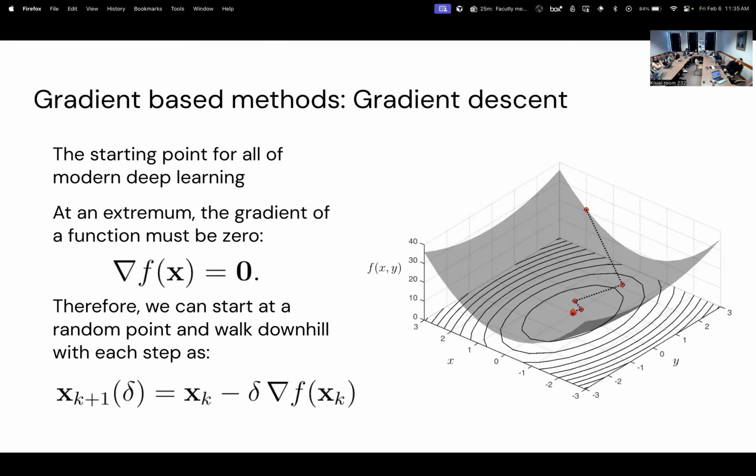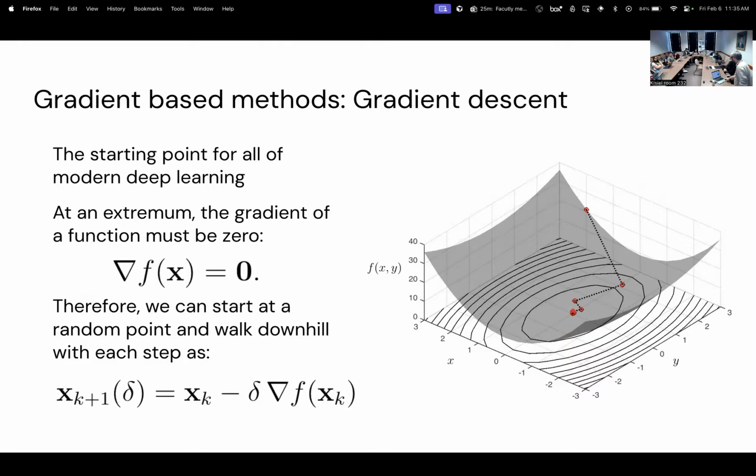This intuitive picture is nice and makes it all seem good. But as you can imagine, if you're taking just one derivative, this is a linear approximation to your function at any given point, right? You're just checking the slope at that point.